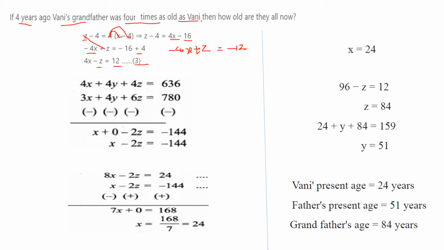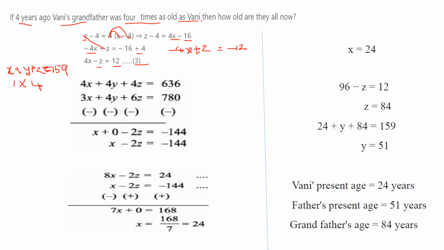Next, first equation multiply by 4. What is our first equation? X plus Y plus Z equal to 159.